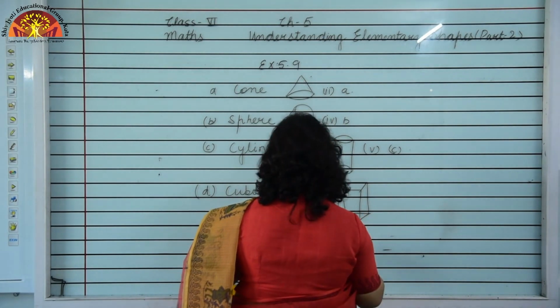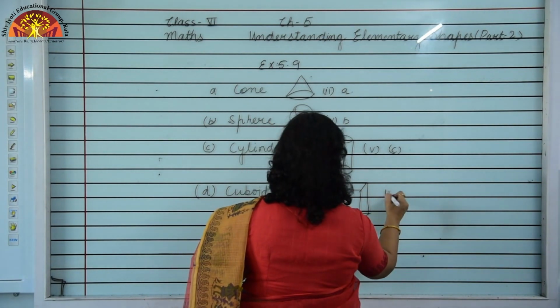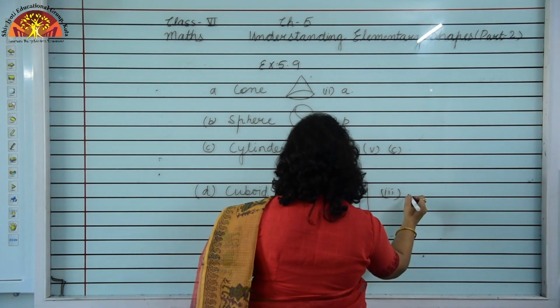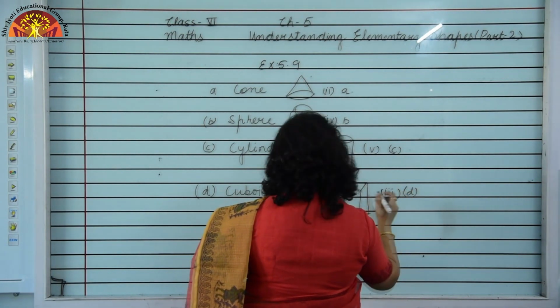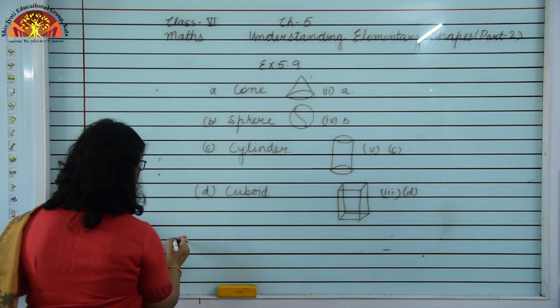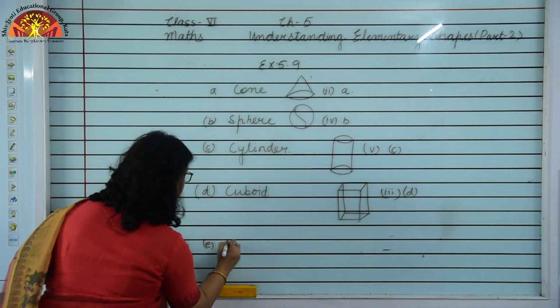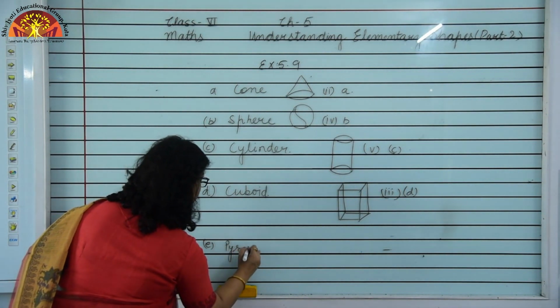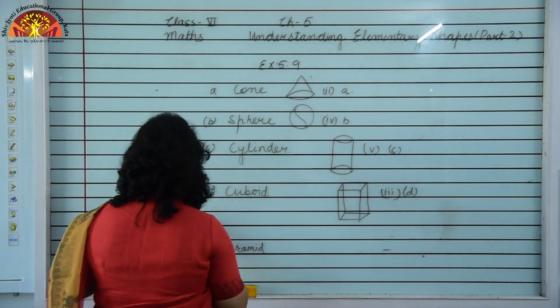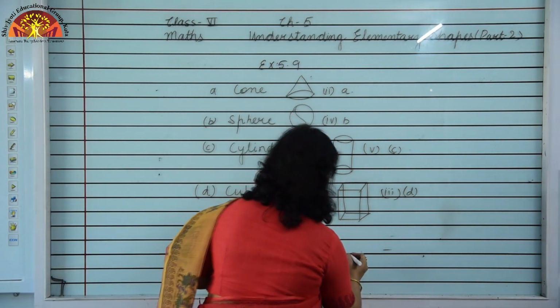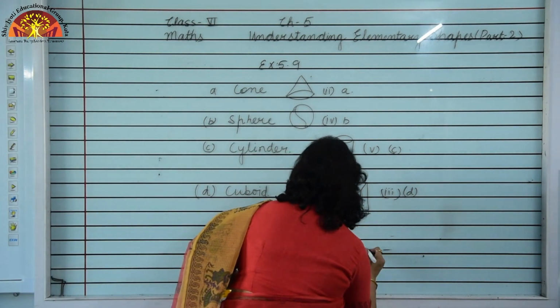This is cuboid. So third with D. And next last pyramid. E is pyramid. And pyramid has this type of shape.